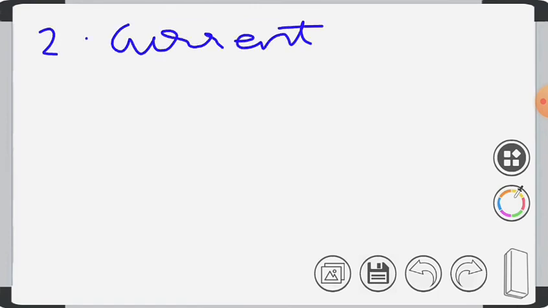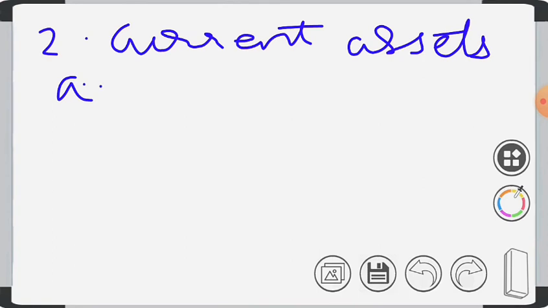Now coming to the current assets. The sub point A is current investments.